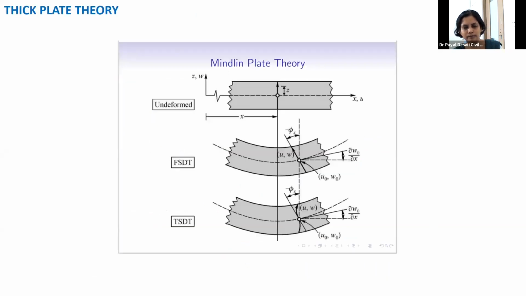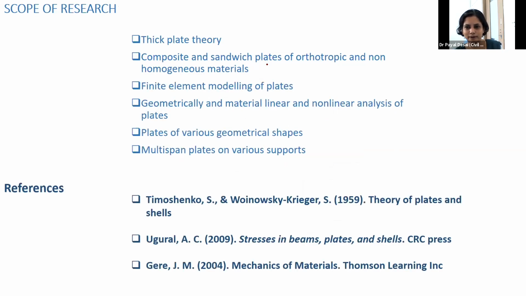And this is about Mindlin plate theory, which is applied for thick plates, where along with bending rotation, you have the shear angle rotation also, because the neutral axis does not remain at 90 degrees. It is greater than 90 or lesser than 90. The 90 degree between the normal and the neutral axis does not remain after deformation. That is Mindlin plate theory, the thick plate theory.